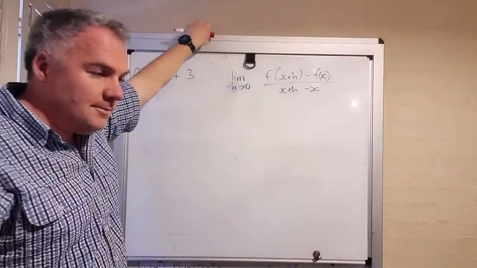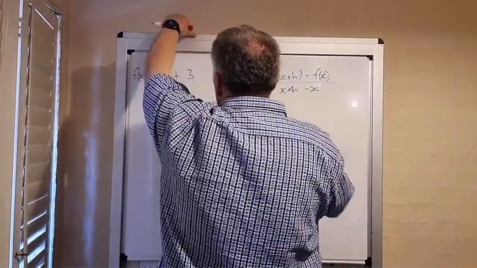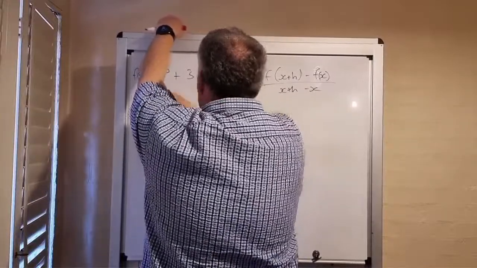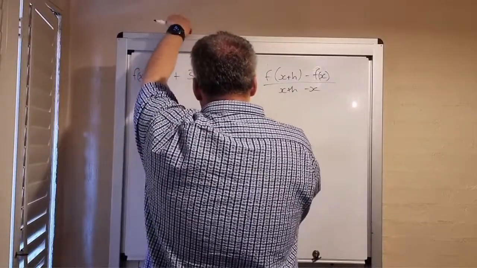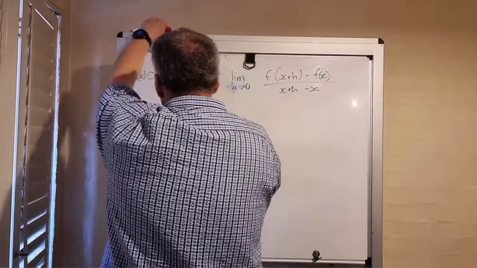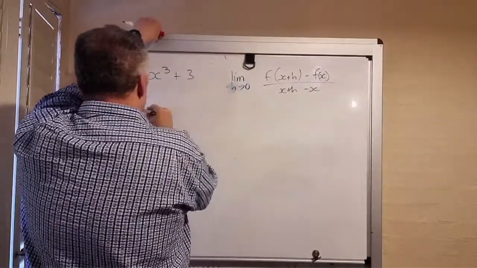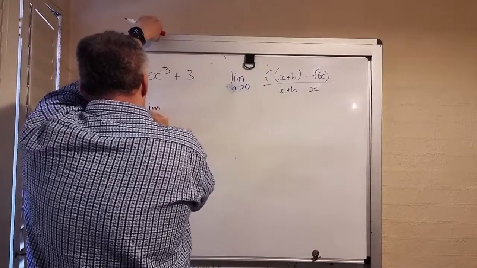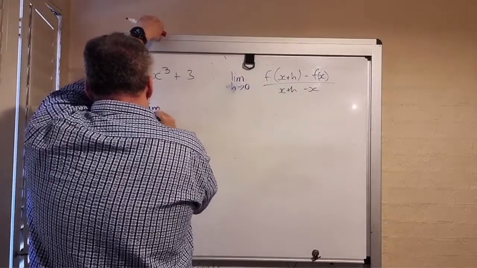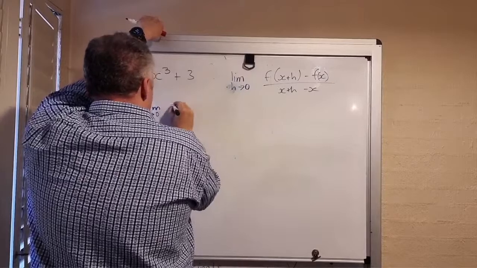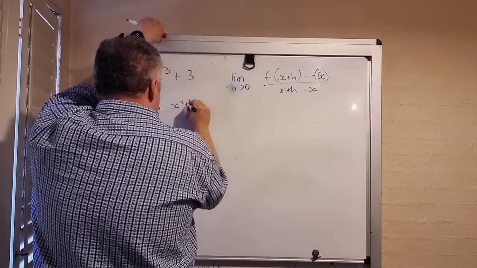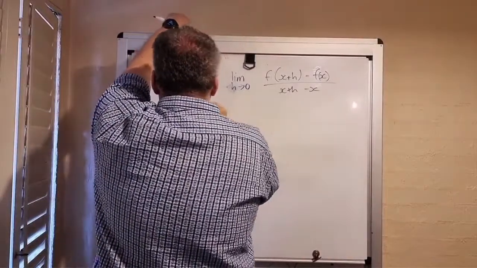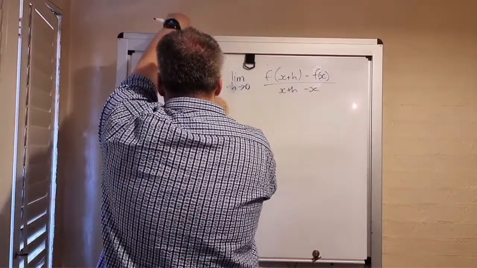Okay, that's our formula. We then go to substitute in our x cubed, and we're left with the limit as h approaches 0 of x plus h cubed plus 3.